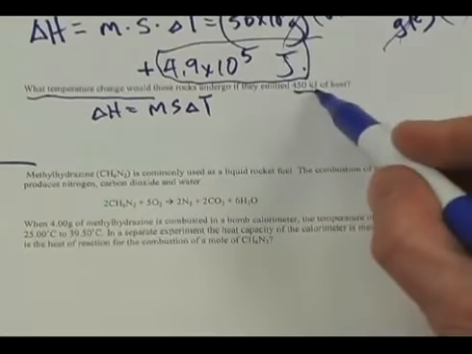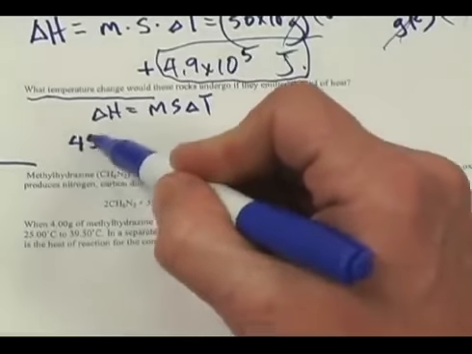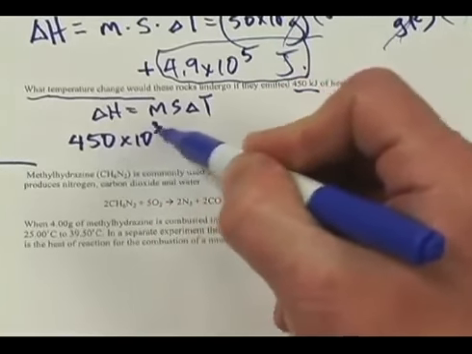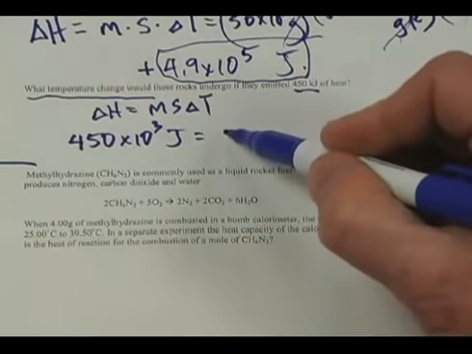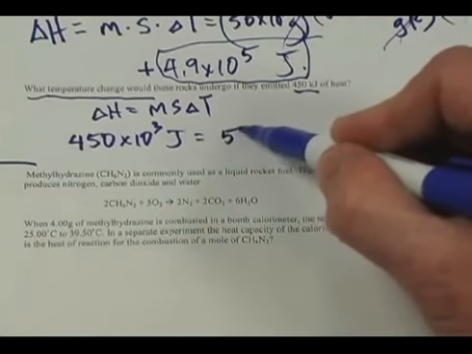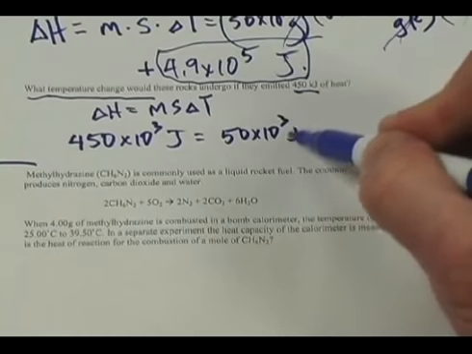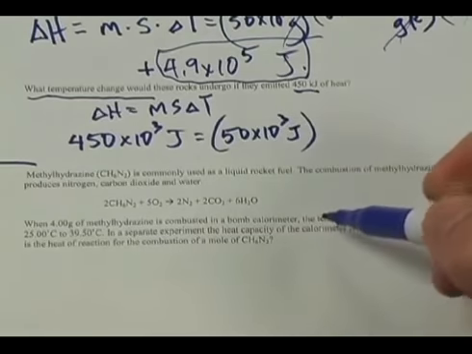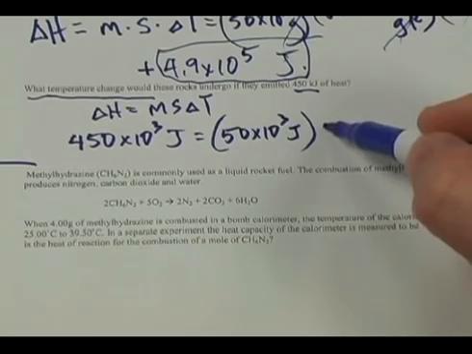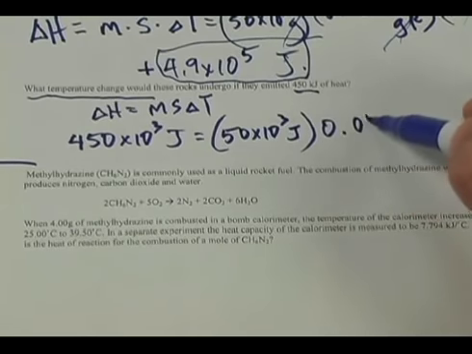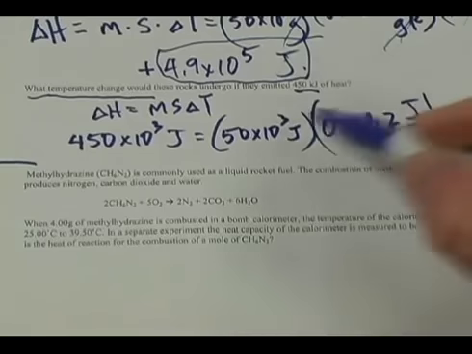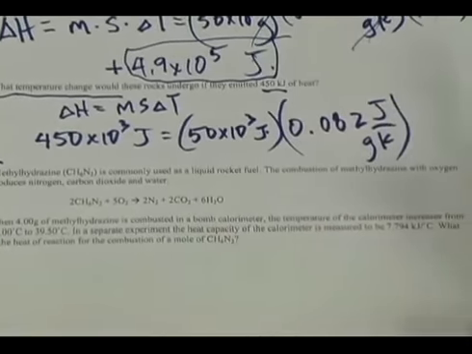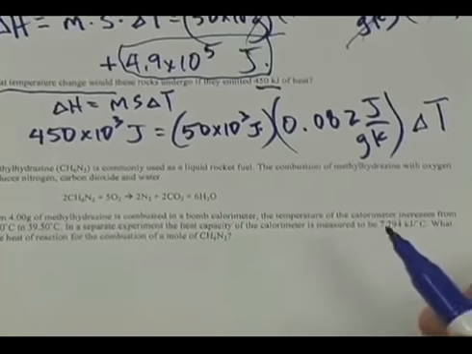Your heat is 450 kilojoules, so 450 times 10 to the third joules are equal to the mass of the rocks, and we're told that there are 50 kilograms of rocks, or 50 times 10 to the third grams of rocks, times the specific heat, and we were told in the question up above that the specific heat of the rocks was 0.082 joules per gram Kelvin. Notice I put everything into joules here so it would match with the units of the specific heat, and then the change in temperature is the thing that I would solve for.